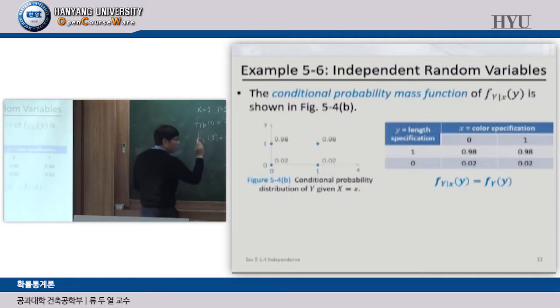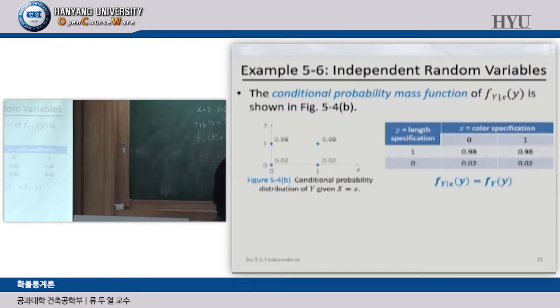And also, if we calculate the same equation for the cases of x equal to 1 and y equal to 0, x equal to 0 and y equal to 1, and x equal to 0 and y equal to 0, you can find out that these two values are identical.